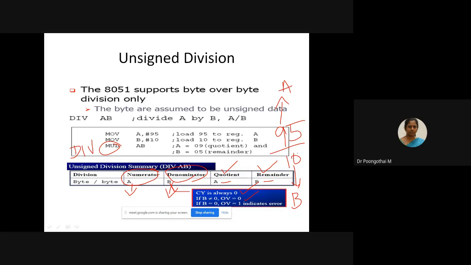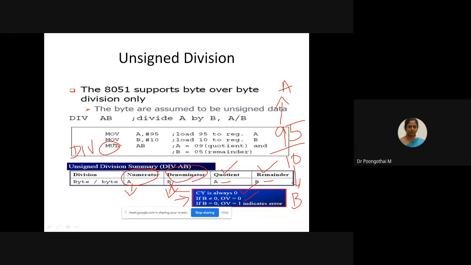So this instruction always makes carry equal to 0 and overflow equal to 0 if the denominator is not equal to 0.